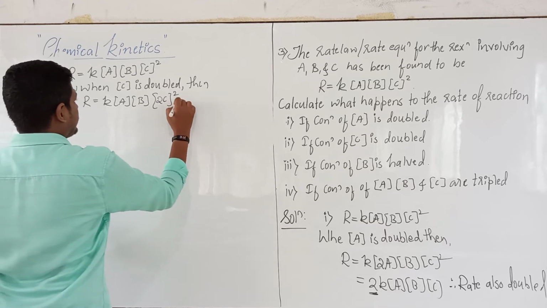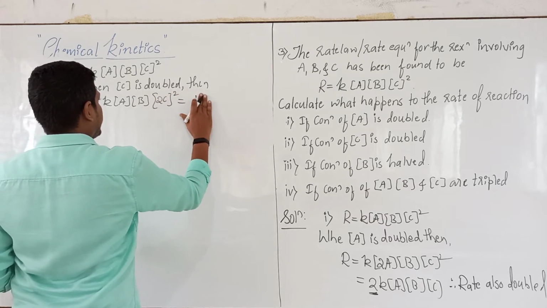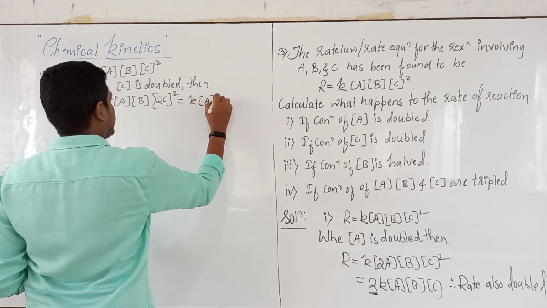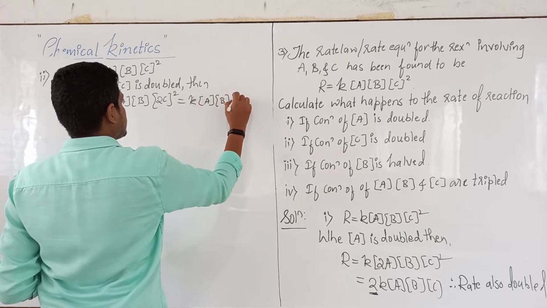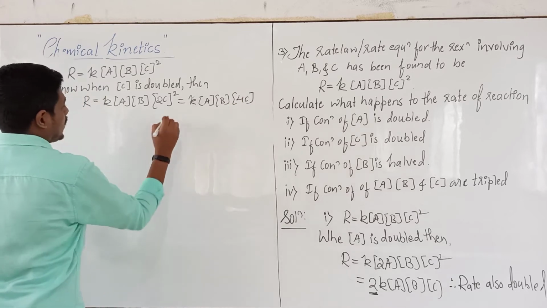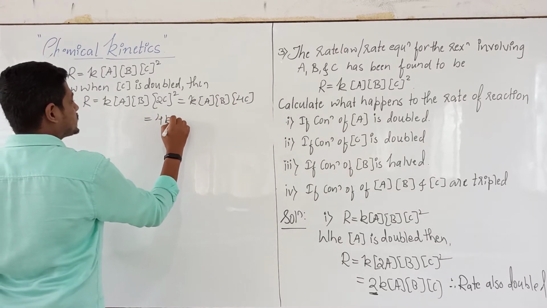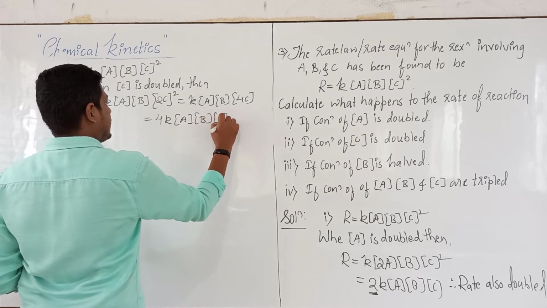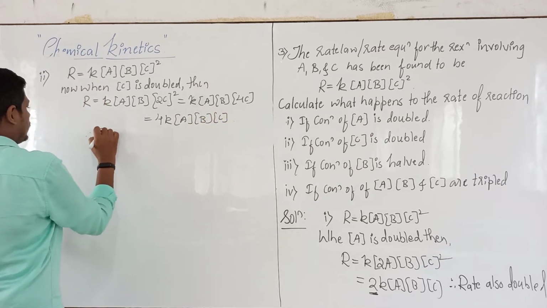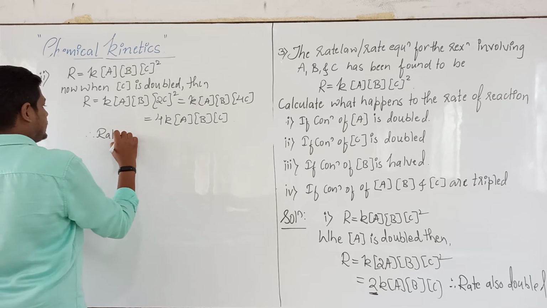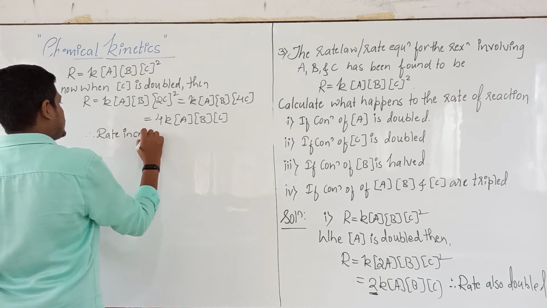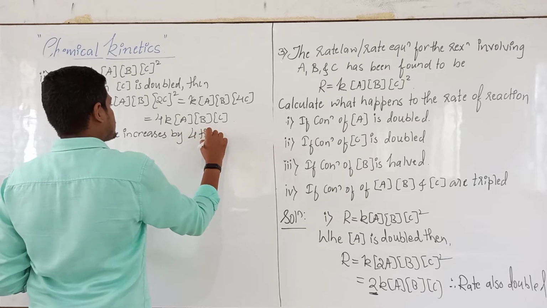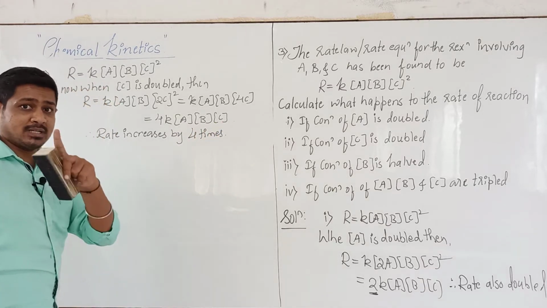So what will it become? 4, so k into A, B, then 4 C square, or simply 4 times. Therefore the rate increases by 4 times. I hope you people are understanding it.